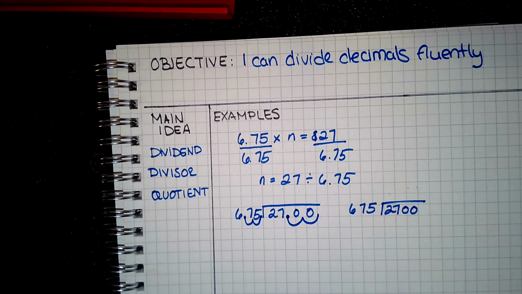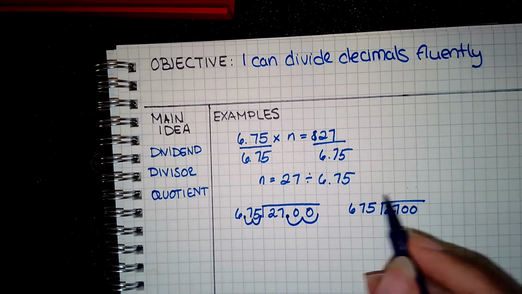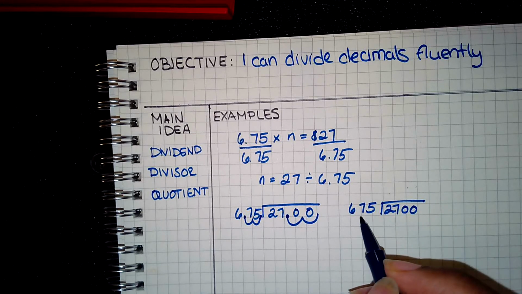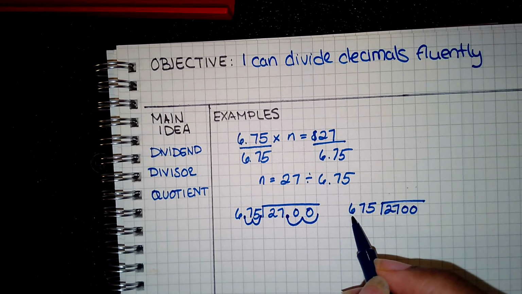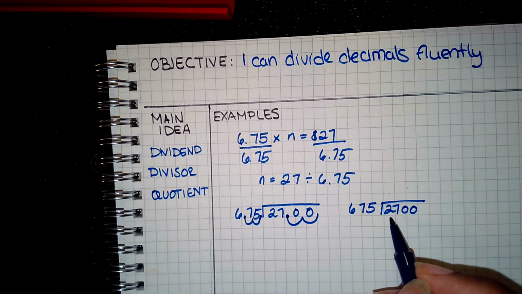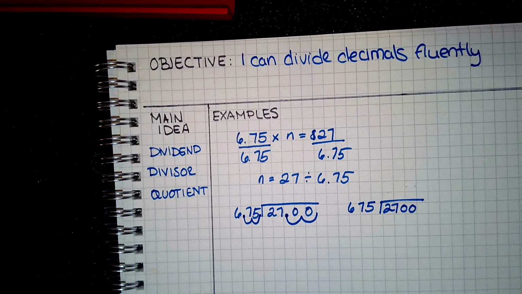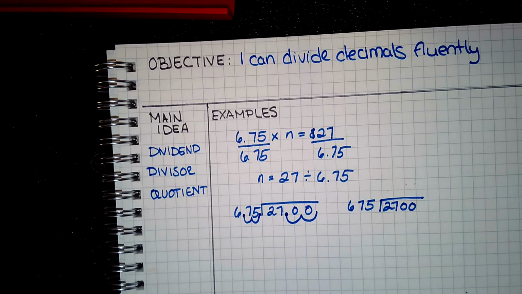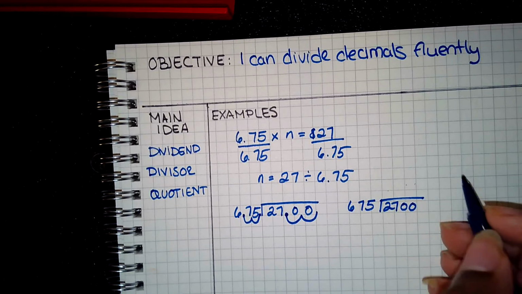Now I am going to solve this division problem. I will need to do multiplication to figure out how many times 675 goes into 2,700. Pause right here so that you are able to do the multiplication for this problem.